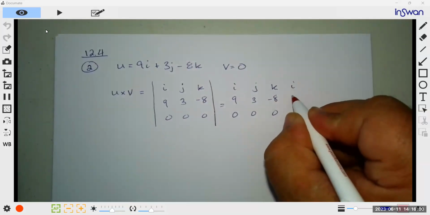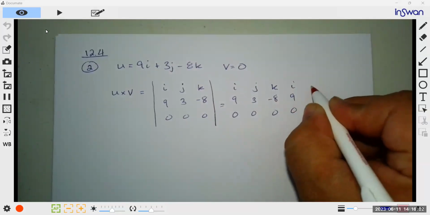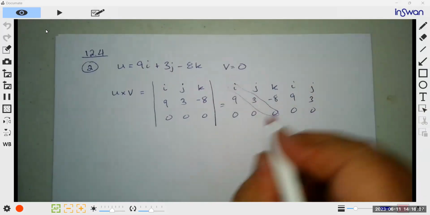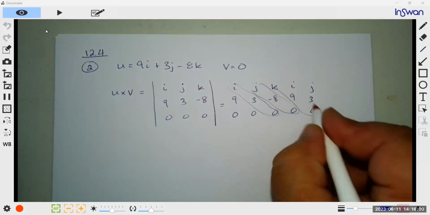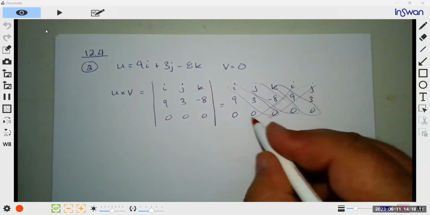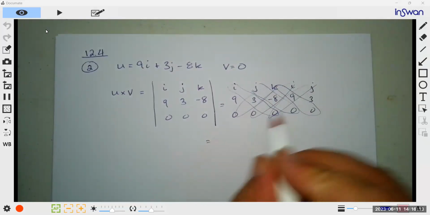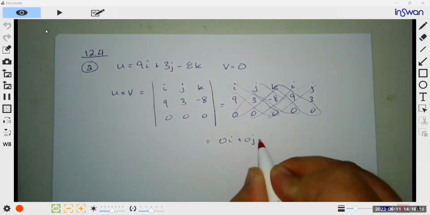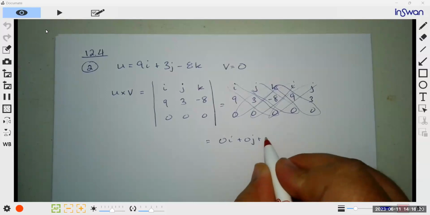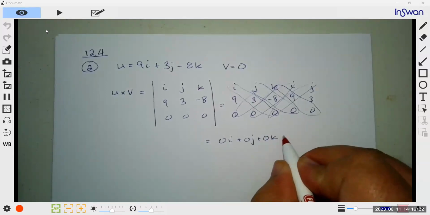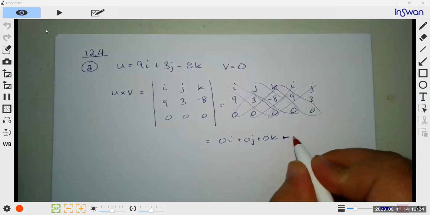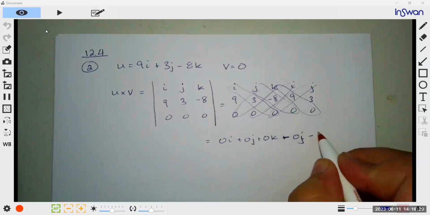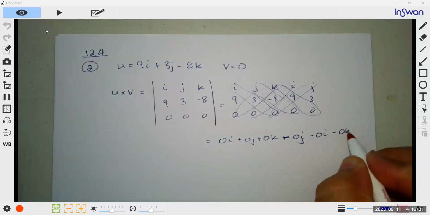And repeat the first 2 columns again, the i and j. It will be 0i, 0j, 0k, minus 0j, minus 0i, minus 0k.